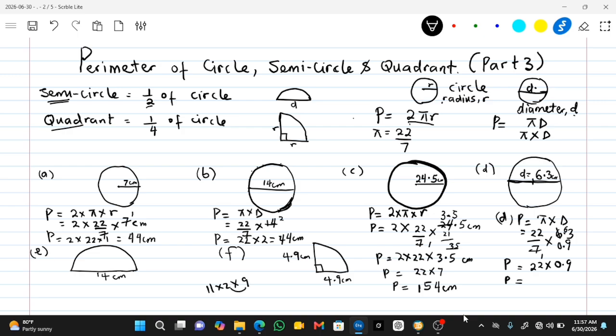So I have 198. But because there is one decimal place, we put one decimal point here. So it's centimeters. And that's about that. So easy.